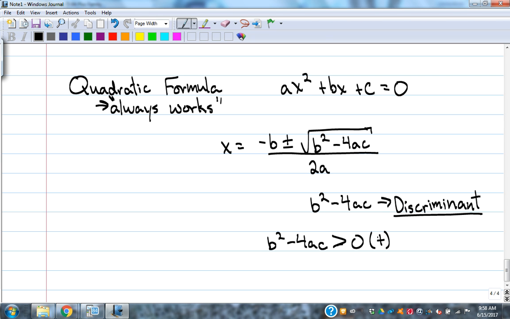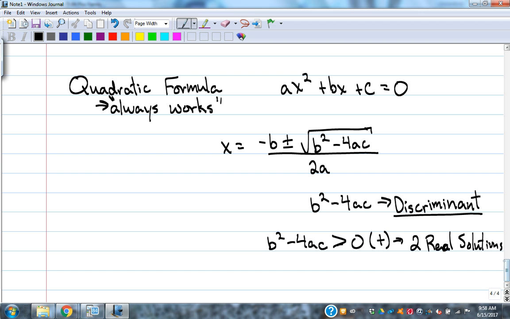If b squared minus 4ac is a positive number, then we take the square root of a positive number. Everything's normal, right? So that means we have two real solutions, and we'll find those. We'll find the two answers just like we did on the previous examples. Every one of them we've done so far has had two answers.